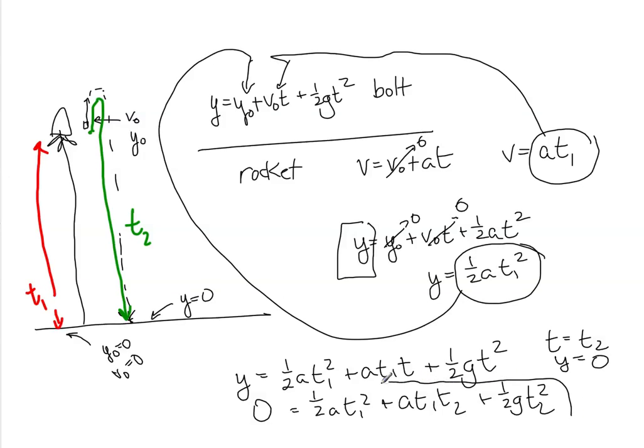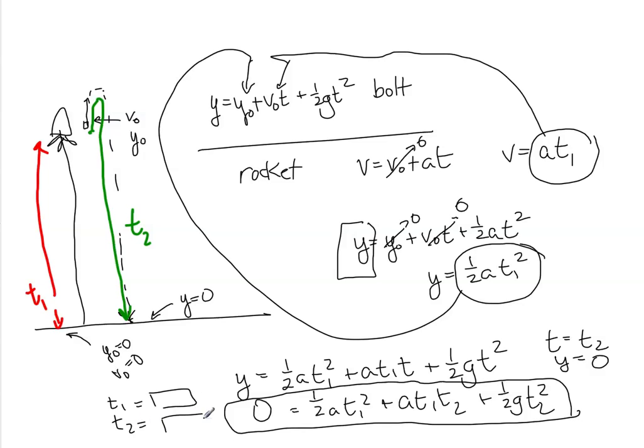Now that looks like a complicated equation, but it's not really, because you know what t1 equals. That's in the problem. You know what t2 equals. That was given to you in the problem. And you know that g is equal to minus 9.8. So when you plug those things in here, all you have left is a, and then you can easily calculate it.